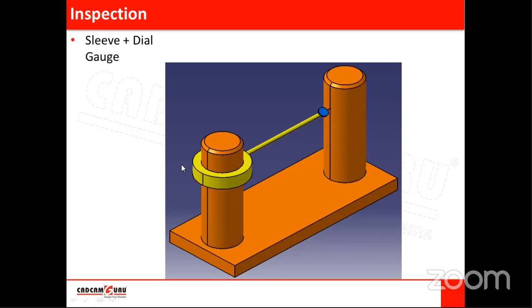Again, this is quite costly as compared to a qualifying gauge, and time consuming also, because one by one we have to check the component using a dial gauge. For each and every component we have to do this setup, with the height adjustment sleeves, lowering the height, taking different readings. So definitely it is time consuming.